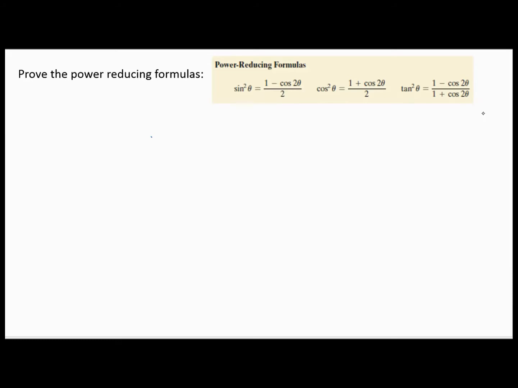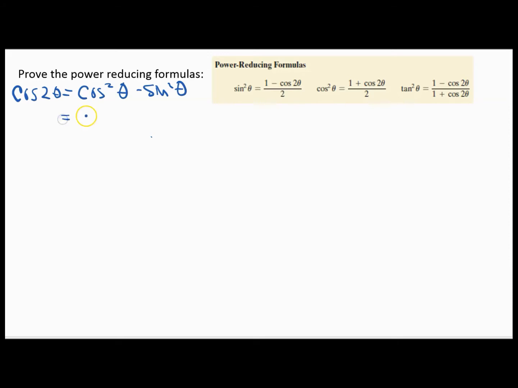So where I'm going to start is I'm going to write the formula for cosine of 2 theta. That's actually what's been used to prove all three of these, a different version of cosine of 2 theta. So if you recall, cosine of 2 theta, just going on memory, is equal to cosine squared of theta minus sine squared of theta. That's one of the versions.